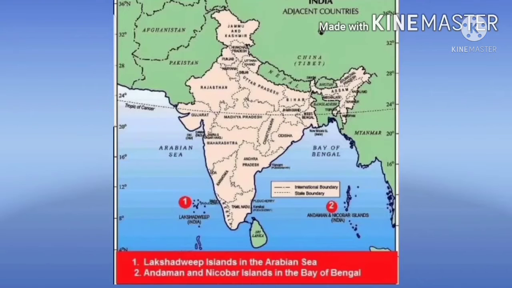Let us study in detail. Dear children, now you can see Lakshadweep Islands group and Andaman Nicobar Islands group. Number 1 indicate Lakshadweep Islands group in the Arabian Sea. Number 2 indicate Andaman and Nicobar Island groups in the Bay of Bengal.